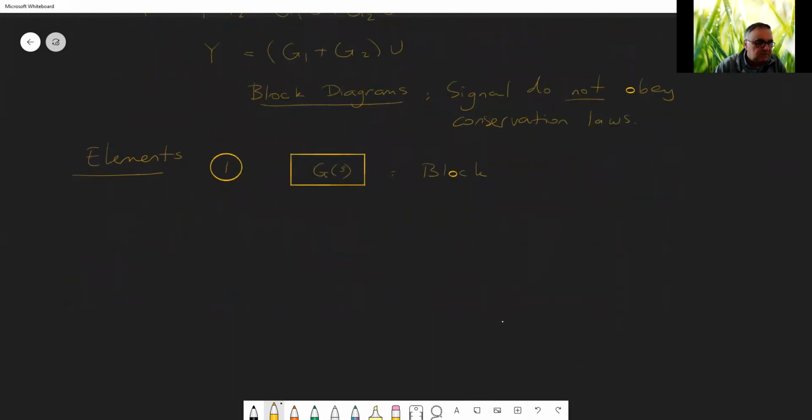Second thing is the summing point in which two signals come.